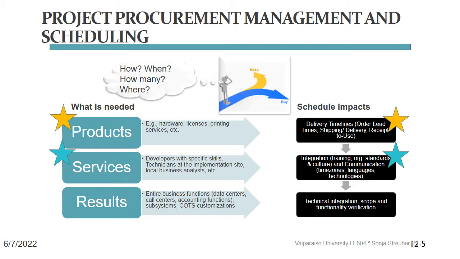The last thing that can impact your schedule in the most unpredictable ways is also the most comprehensive outsourcing solution you can buy. Results. Those are also often called turnkey solutions or full spectrum services, meaning that you enter into a contract with a company to execute part of your project as their business, complete with their own hiring, scheduling, and budget management, and all of their technical processes, including testing.